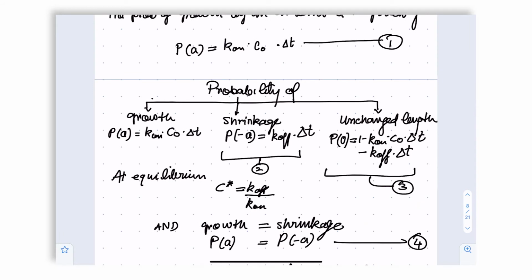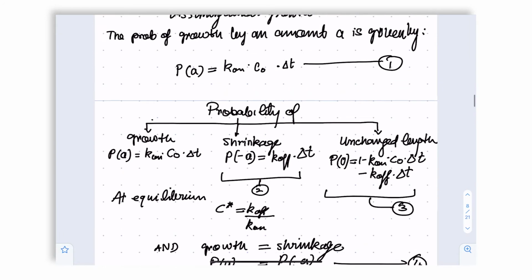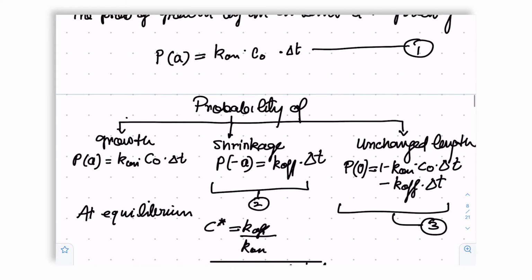The probability of three possible events, however, is something that we want to take into consideration. The filament could be growing, in which case the probability is written exactly as we just stated, k on times c naught times delta t. It could be shrinking, in which case it is given as P of minus a, the removal of a subunit.